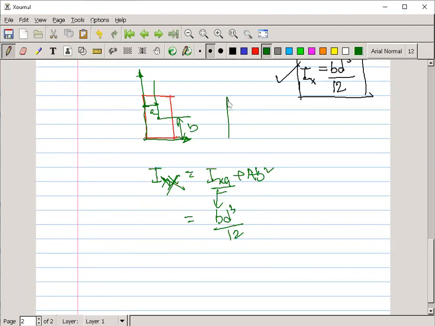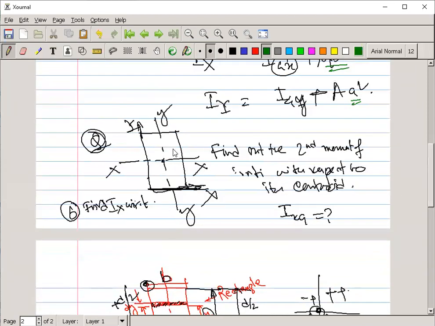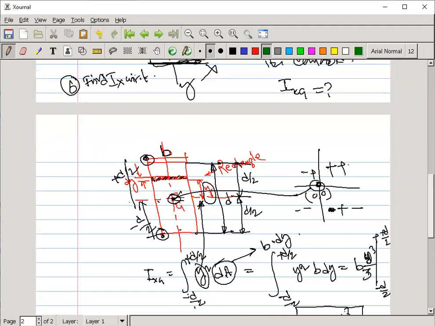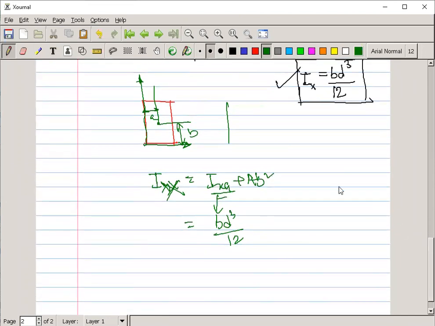As per this question, this one we have shown as your d and this one as your b. Along the x-axis it is b, along the y-axis it is d. So simply put area as b into d.